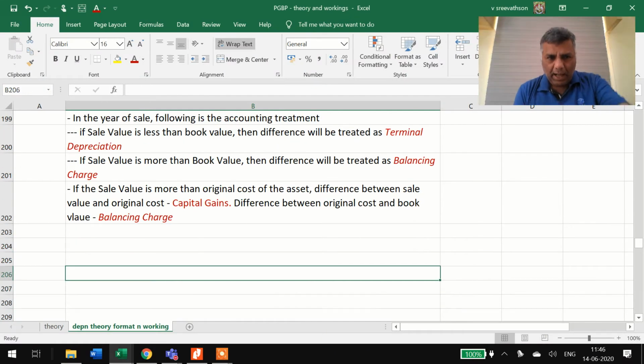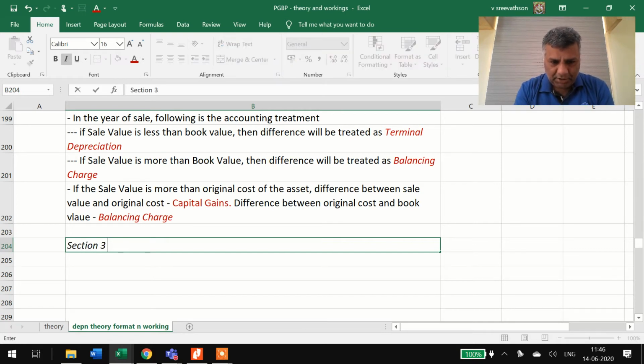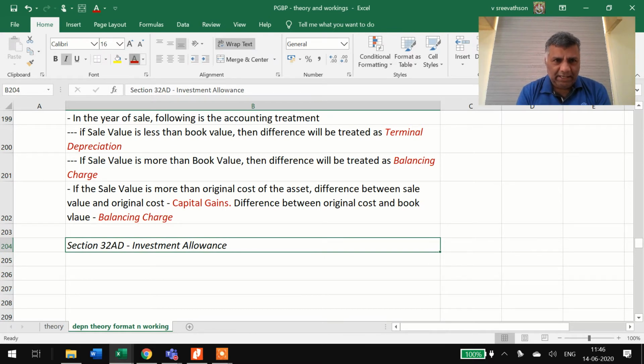The last part of the discussion of depreciation is something slightly away from depreciation but related. Section 32AD, investment allowance. Though it is like depreciation, the name given for that is investment allowance.